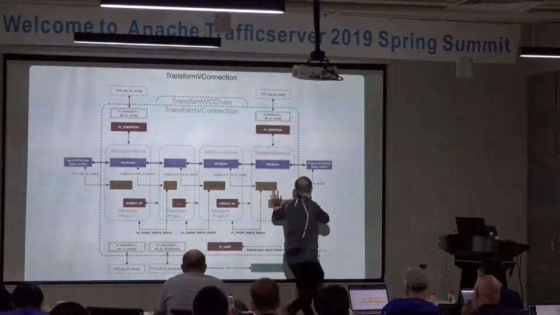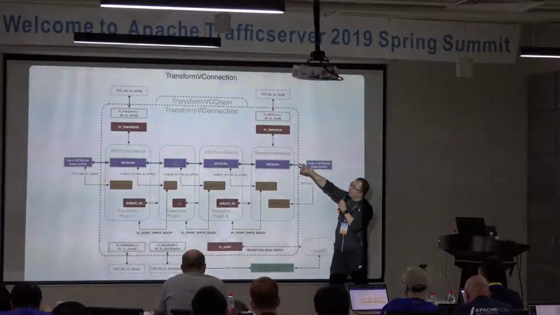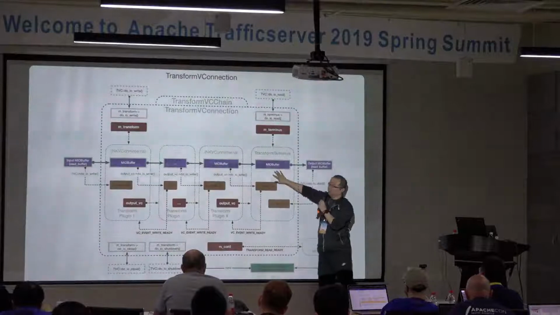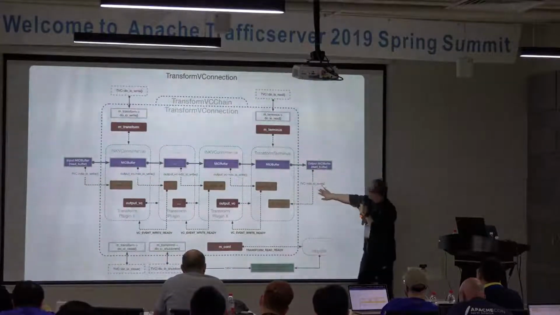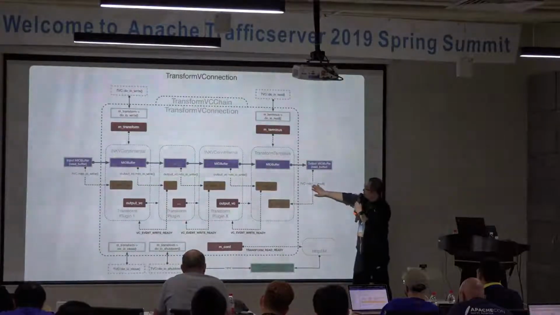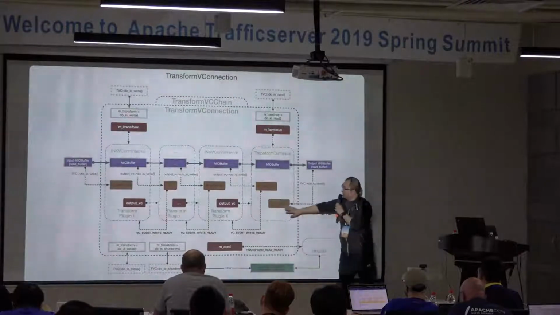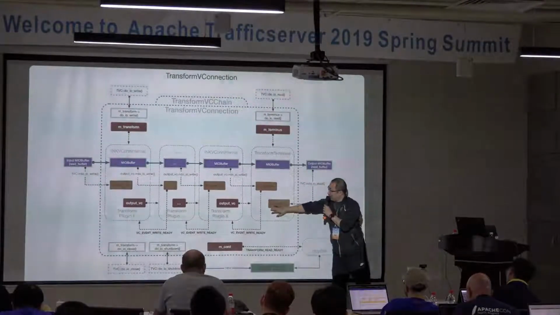And we can read data from the TVC, TransformVC. Actually, we read data from the transform terminal. We do the read operation by do_io_read. It saves the output MIO buffer with the m_read VIO.